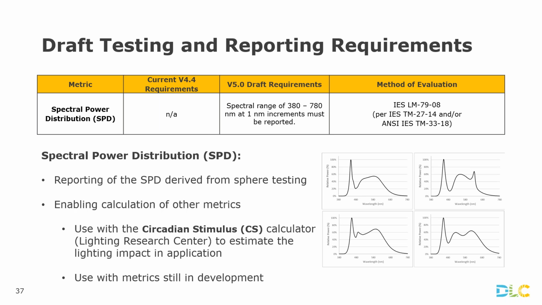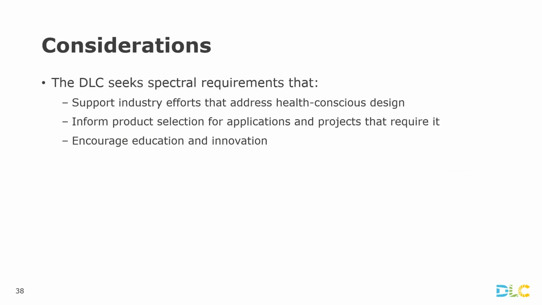And in addition, the SPD can also be used by related calculators, for example, the circadian stimulus calculator from the Lighting Research Center, to estimate the impact of the light in applications. So DLC's intent is to support industry efforts that address health-conscious design, inform product selections for applications and projects that require it, and to encourage education and innovation in this field.